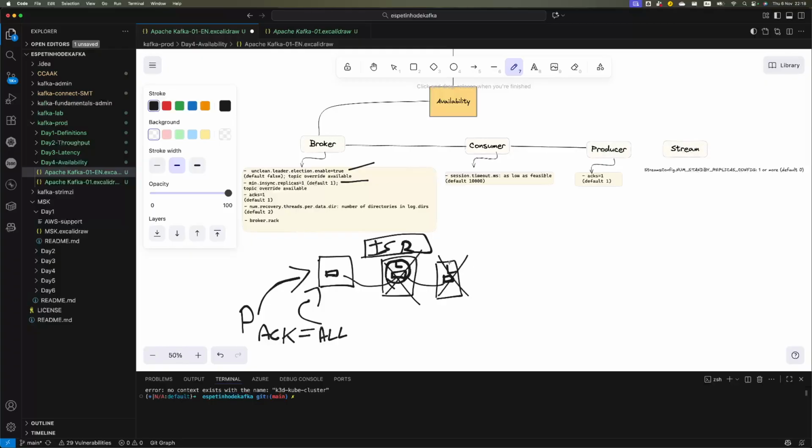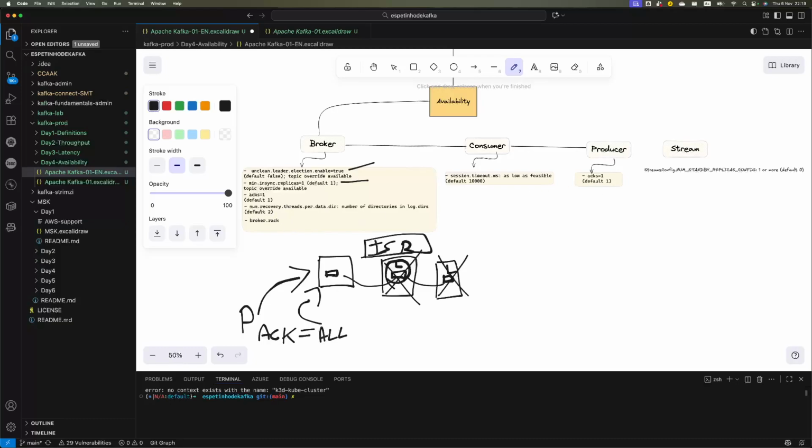This is why we can decrease min.insync.replicas to 1: we don't care about durability here, the important thing is to keep Kafka working, right? The same applies to acks, and this is a configuration you can do on the producer side.